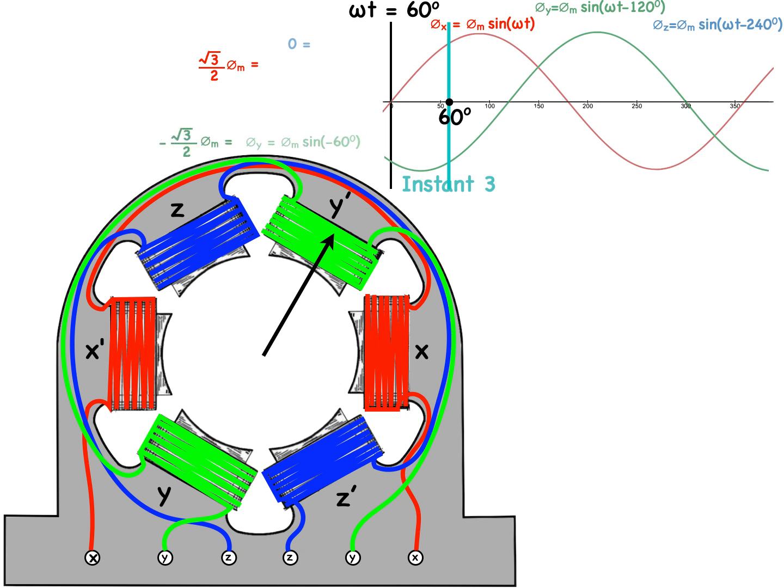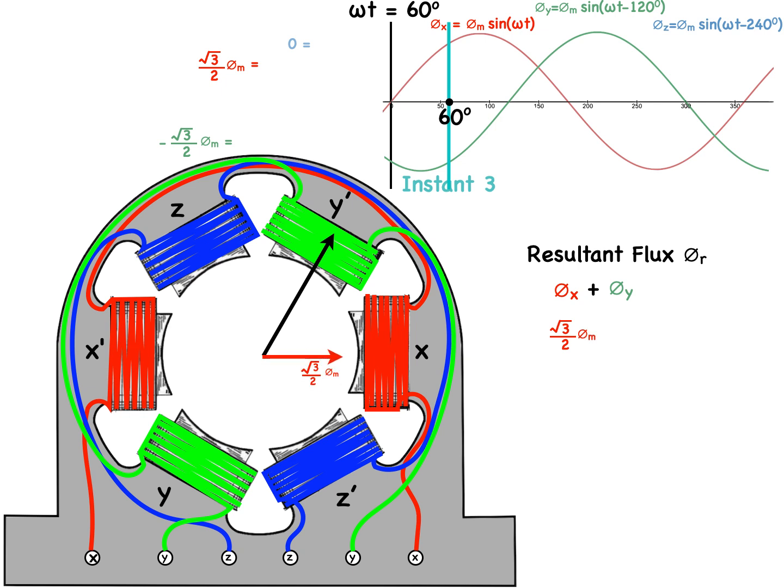The green flux phasor at 60 degrees is minus root 3 all over 2 phi m. The resultant flux phi r is going to be the sum of just these two phasors because, as I said, the blue phasor is equal to 0.